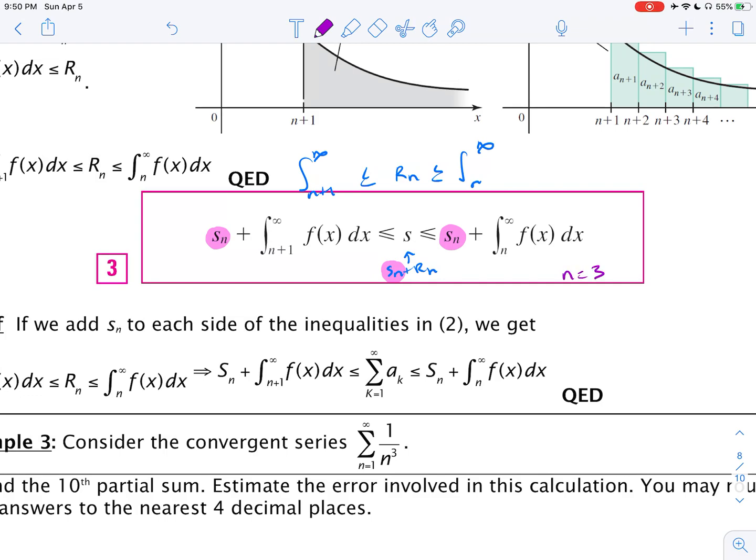So if I suppose that n is equal to 3, then I know that my sum would be less than or equal to the integral from 3 to infinity of f of x dx, and it's going to be bigger than the integral from 4 to infinity of f of x dx. And that's pretty nice that I can figure out a range of values of what my actual sum will be, which is kind of good.